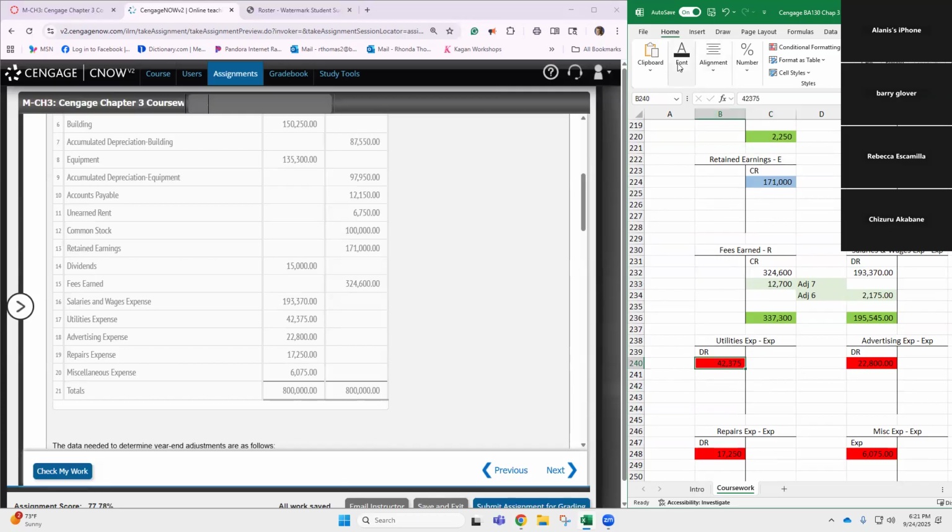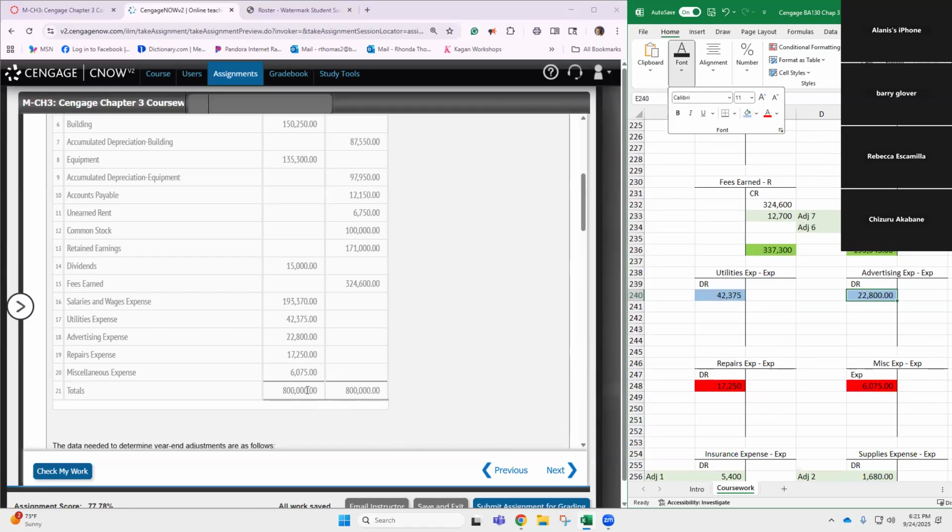Let me color that blue, because we're not going to touch anything with blue. My advertising expense is 22,800, and we're not touching it with any kind of adjustment. My repairs expense is 17,250. Nope, we're not doing anything with it. And then miscellaneous. I've never seen miscellaneous adjusted, never ever.